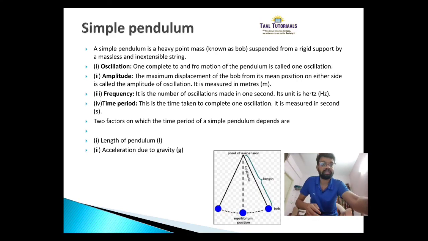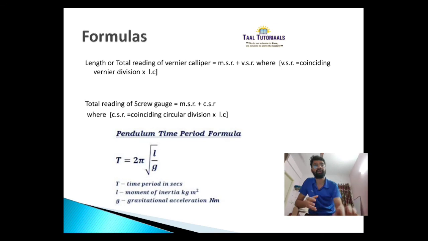Last thing is the formula. First is length, or total reading of a vernier caliper: MSR, that is main scale reading, plus VSR, where VSR is vernier scale reading, that is the vernier division into least count.